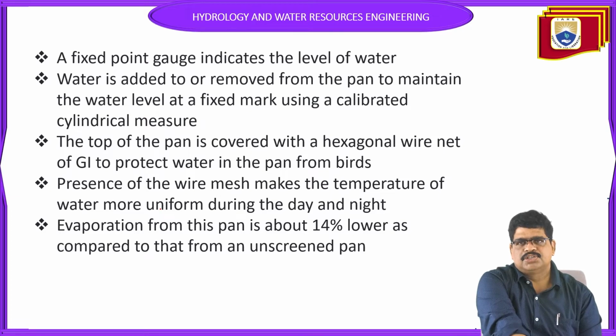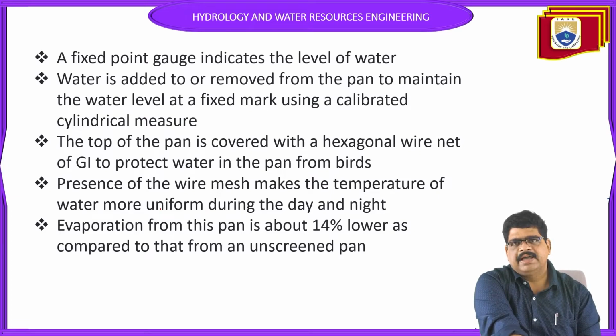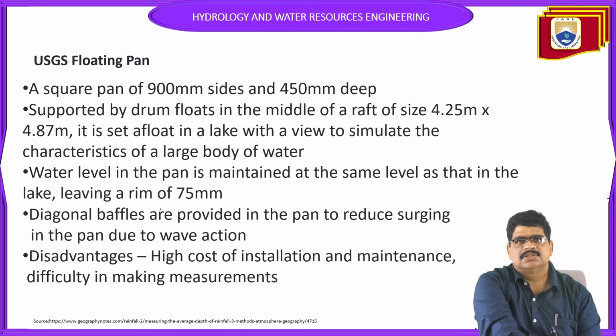Next, the presence of the wire mesh keeps the temperature of the water uniform through day and night. Next, the evaporation from this pan is about 14% lower as compared to the unscreened pan. So this is simply the IS pan.